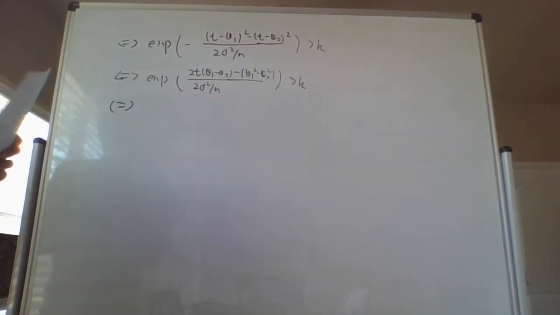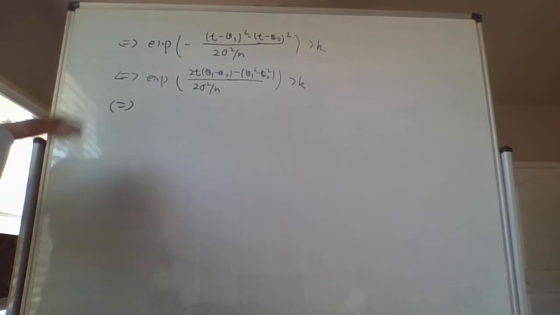So if we calculate the difference of two squares, then we can get 2t times theta 1 minus theta 0, minus theta 1 square minus theta 0 square.